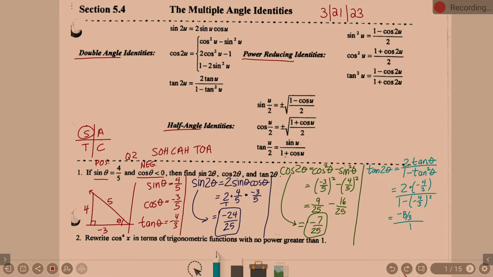So this is 16 over 9. And so we have 1 minus 16 over 9, which would be 9 ninths minus 16 ninths, which would be negative 7 ninths. So now I'm going to have negative 8/3 divided by negative 7 ninths.